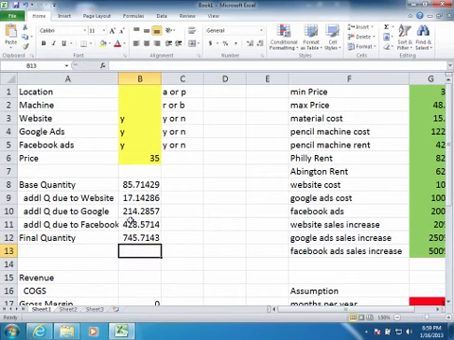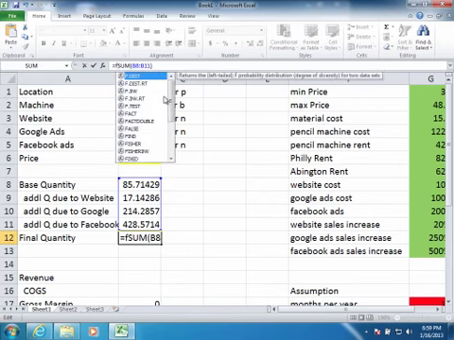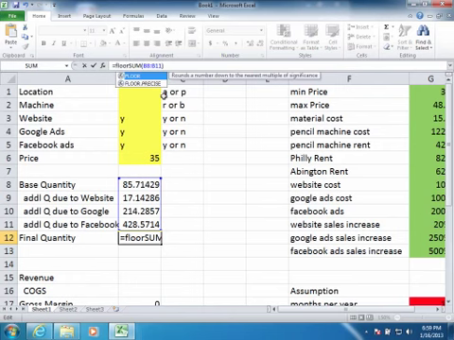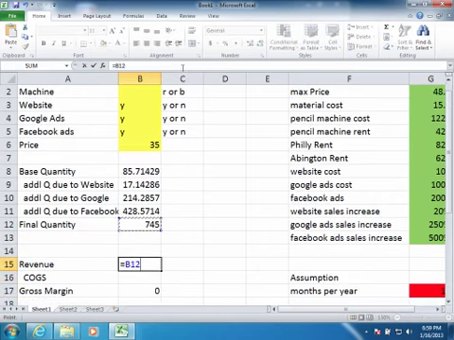And when I look at that, I see that I have a fraction, and I can't really sell a fractional part of a pencil, so I'm going to wrap this in floor, comma 1 to round down. And revenue, as I was saying, is price times quantity.